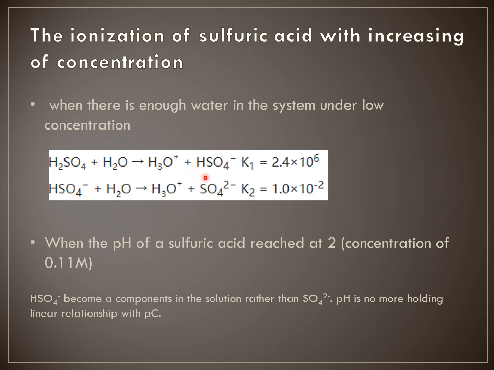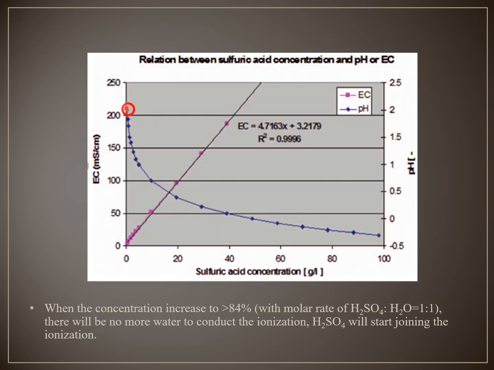This is already the major component, which means this one is no longer ionized as much as before. There is no more linear relationship between the hydrogen ion and the sulfuric acid. So you can pay attention to this concentration value to check when your pH value will lose its function to determine the concentration of sulfuric acid. We can see this even more clearly from this diagram.